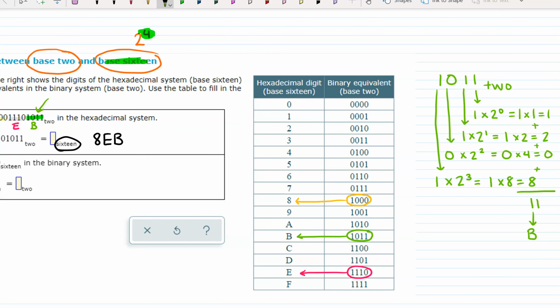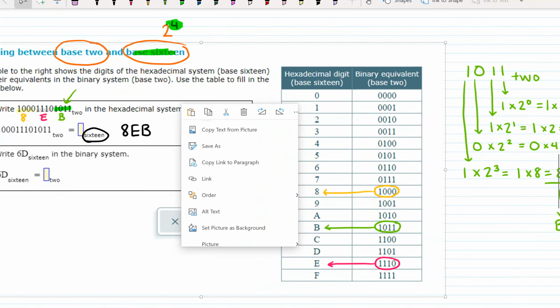So if you didn't have this chart, you could just take 4 of the digits at a time, starting from the right. And again, this only works because base 2 and base 16 are related, since 16 is a power of 2. You wouldn't do it with something like base 5 and base 2.